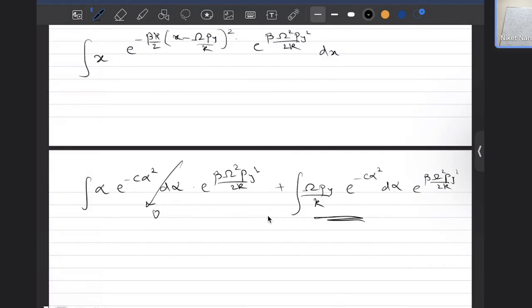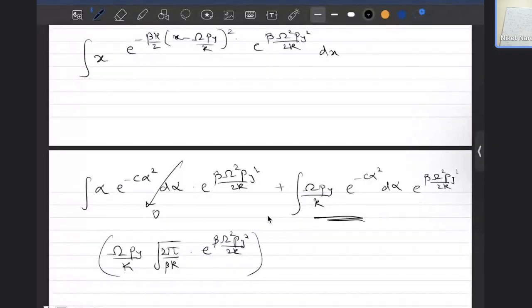Omega py by kappa to square root of pi by 2 pi by beta kappa. I was afraid of this. It is for beta omega square py square by 2 kappa, right? And I had py by px terms as well.